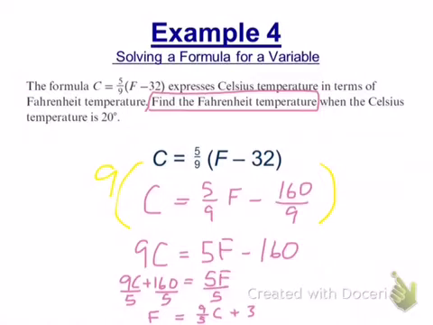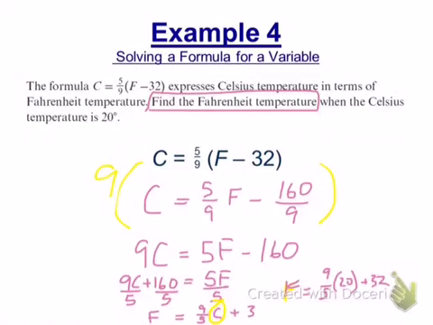All right, so now we can plug in 20 in the place of C. If we plug 20 in right here in the place of C, we get F equals 9 over 5 times 20 plus 32.